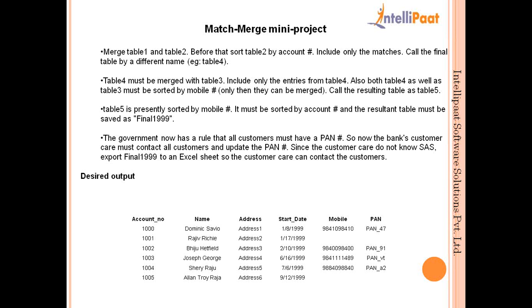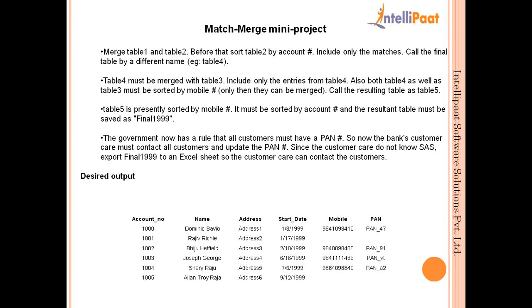Okay. So these are the various merges and sorts which you need to apply. And then the resultant table you will call table 5. Table 5 is presently sorted by mobile number. It must be sorted by account number, and the resultant table must be called final 1999.